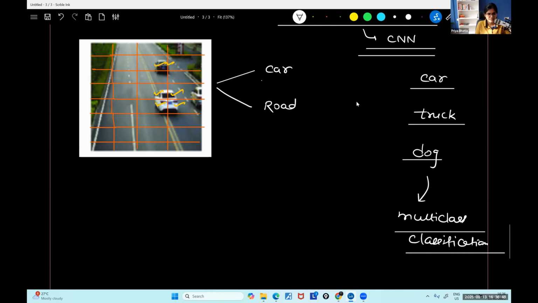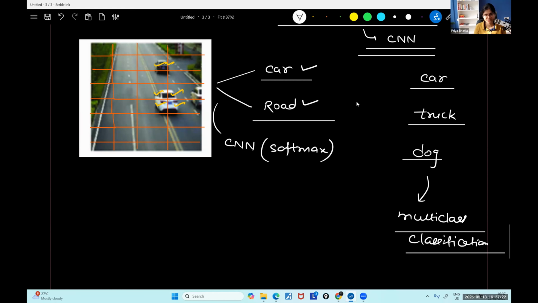And you design a simple CNN-based model which gives you a probability, applying, let's say, a softmax function. In every image, either the probability of car will be high or the probability of road will be high. So wherever you observe that the probability of car is high, it means that in that specific image, this is the location where the car is available. Quite easy, quite understandable, and I think this also works well.